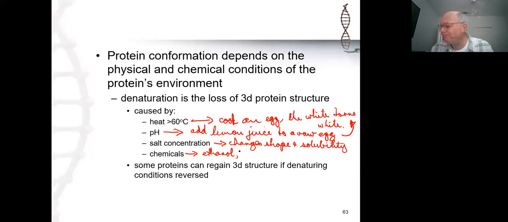I'm trying to think of some chemicals that are not acidic or basic, because that's obviously changing the pH. Alcohol's a classic one. If you want to see the effect of alcohol in denaturing proteins, you can't actually see the proteins denaturing, but you can see the consequences of this.